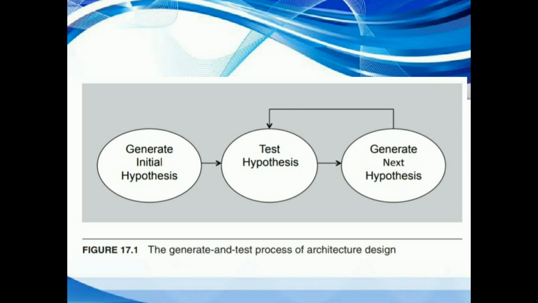First we come to generate initial hypothesis. In this method, design solutions are created using collateral that is available to the project. Collateral can include existing systems and frameworks available to the project, known architecture patterns, design checklists, or a domain decomposition.